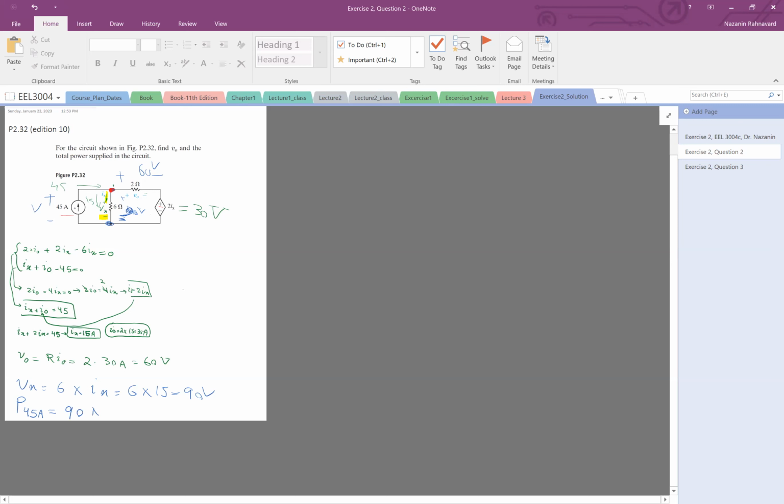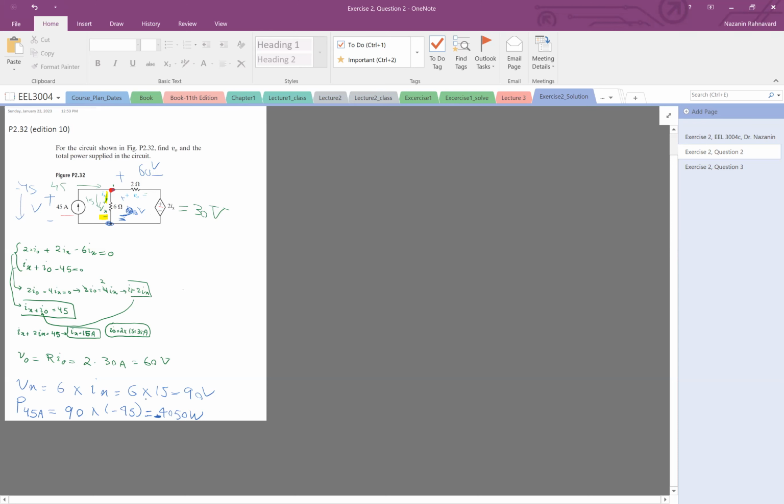The current is going that way, so that's why you have to put the negative, as if negative 45 amp is going this way. 90 times negative 45 is negative 4050 watt. That was negative, so it's supplying the power.